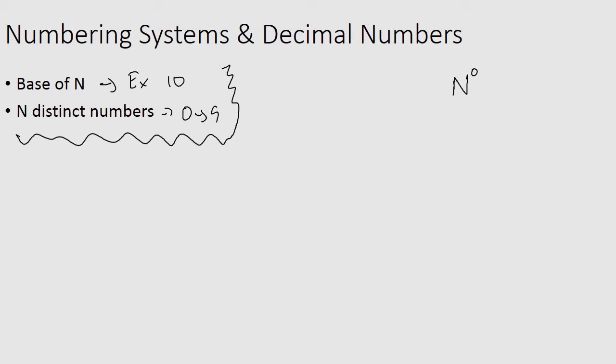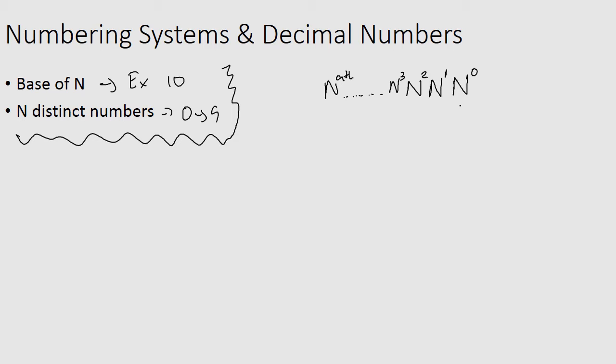Once you fill up all the numbers in the n to the 0th power, we add a power to the left of that, so the next one will be n to the 1, and once we fill up all that, we add 1 to the left of that, so that is n to the 2, and we continually do that until we have filled up all our numbers, so n to the, let's say, 8th power. Okay?